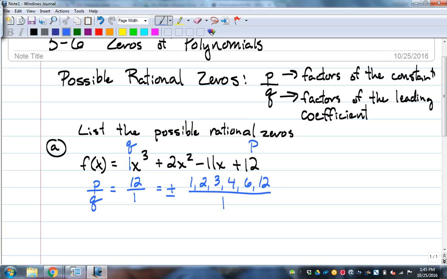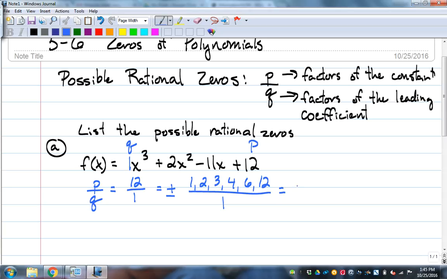Now what we do is we look at those as ratios. Jordan said a rational number is a ratio. Since there's only one factor in the denominator, the only possible zeros for this polynomial are 1 divided by 1, 2 divided by 1, 3 divided by 1, 4, 6, and 12, all divided by 1.